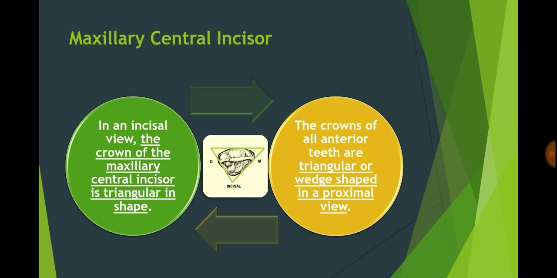When you look at a maxillary central incisor in the proximal view, it's a triangular shape, and the base of the triangle in the proximal view is at the cervical and the apex is at the incisor. When you look in the incisor view, the base of the triangle is at the labial and the apex of the triangle is at the cingulum. All right. The crowns of all anterior teeth are triangular or wedge shaped in the proximal view, as we saw earlier.